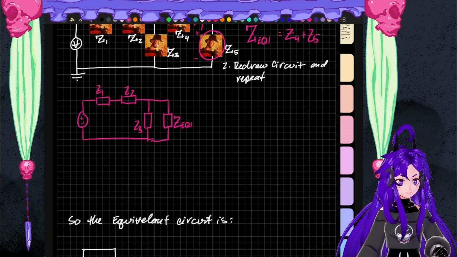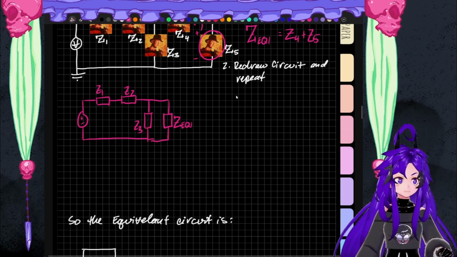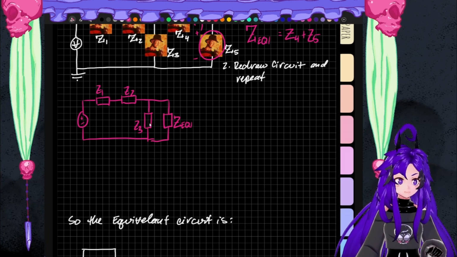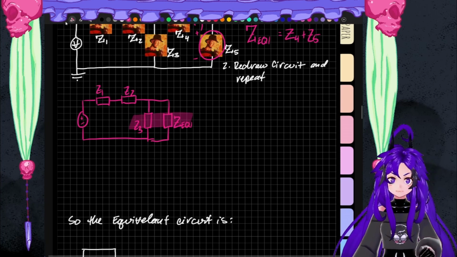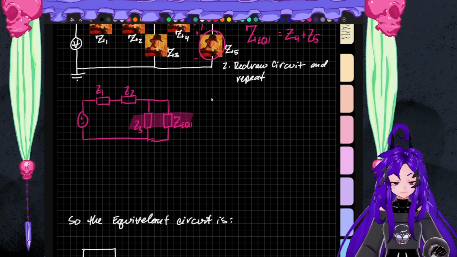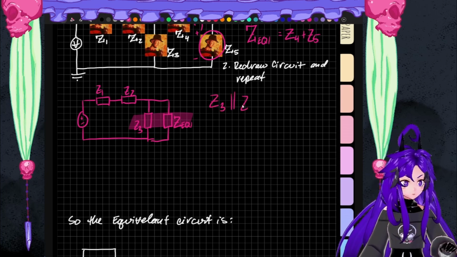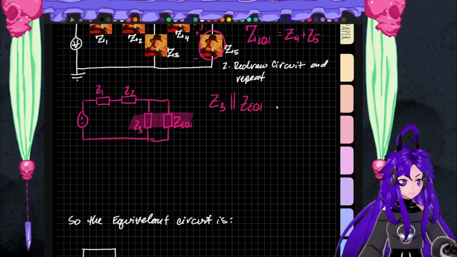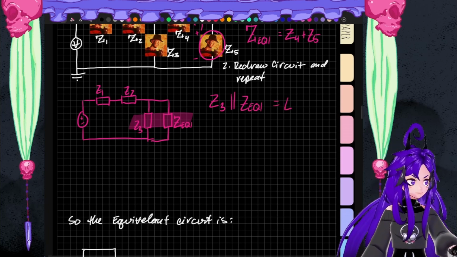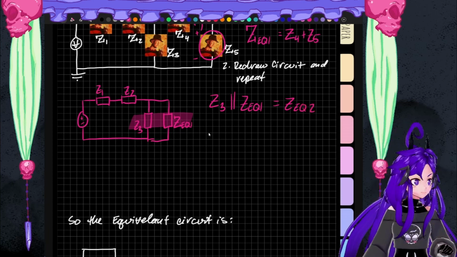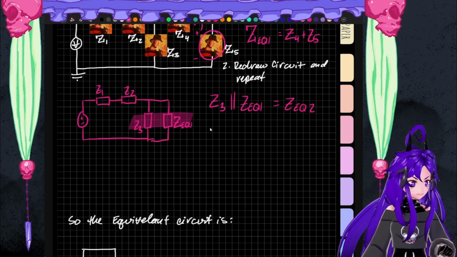So the next thing we do, right, we've just simplified our serial killers. So now we're going to deal with some parallel killers. And we can write that like this. Z3 parallel to ZEQ1 is ZEQ2. And we can solve that out, right?